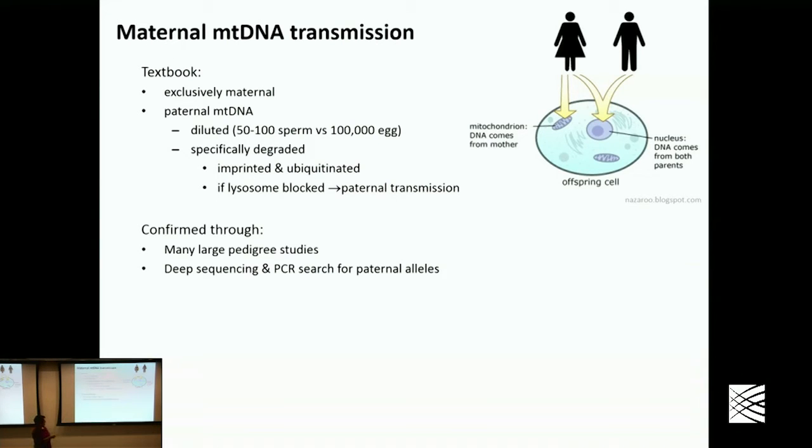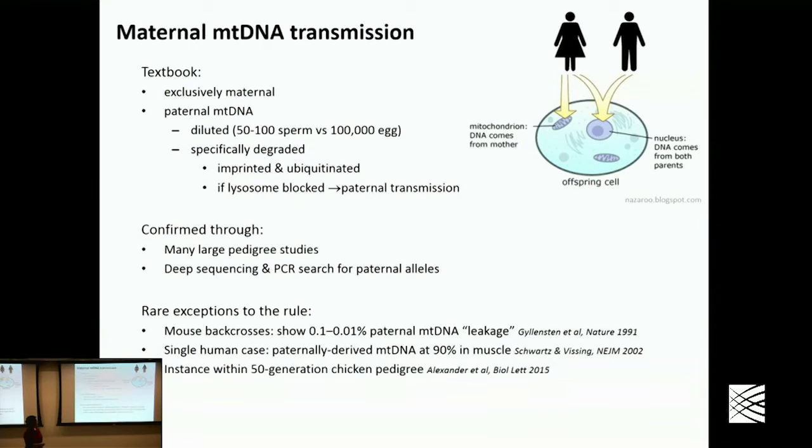And this uniparental or maternal transmission has been confirmed through very large pedigree studies. And people have been looking for paternal inheritance through deep sequencing and PCR to search for paternal alleles, and pretty much there's none. There are a couple exceptions that kind of prove the rule. They did mouse back crosses generation after generation, and looking really hard, they could find 0.01% to 0.1% leakage of paternal alleles.